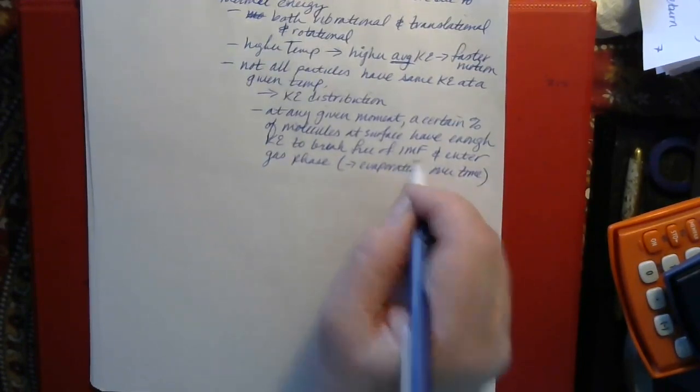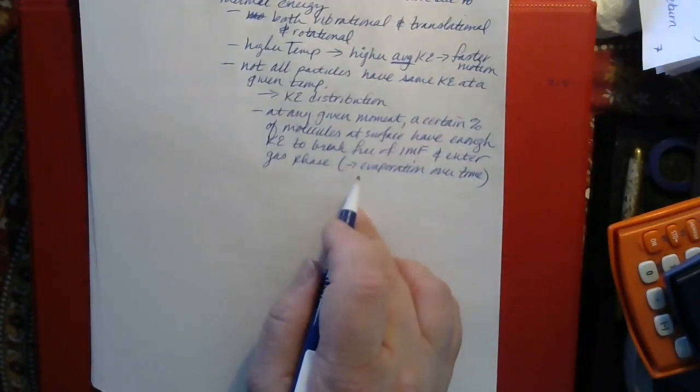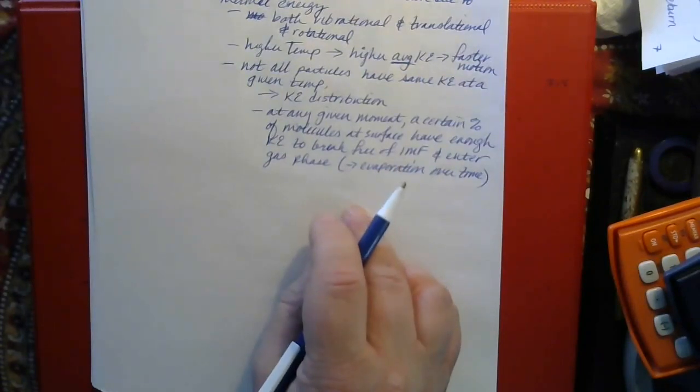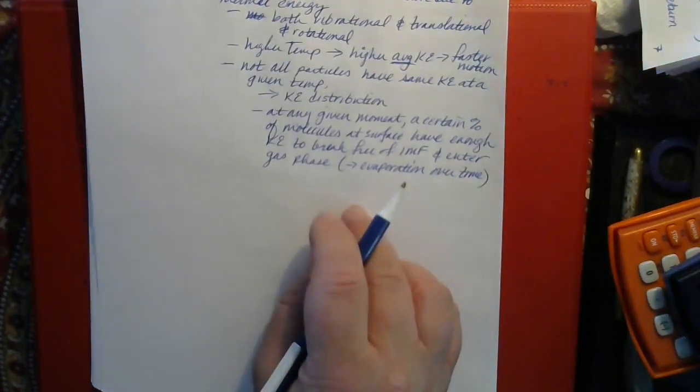And the interesting thing is that the percentage of molecules that have enough energy to break free and become gas molecules, the only thing that really affects that percentage is the temperature.